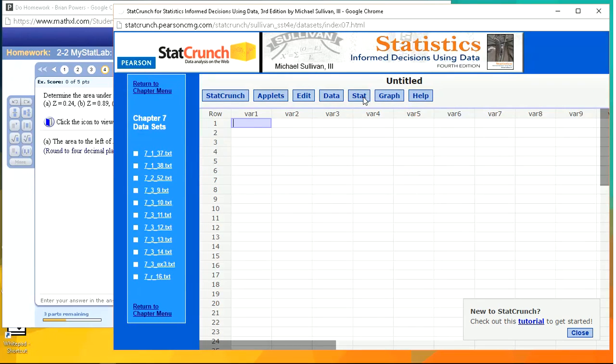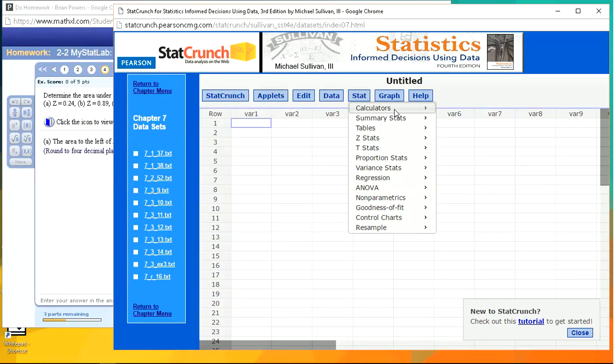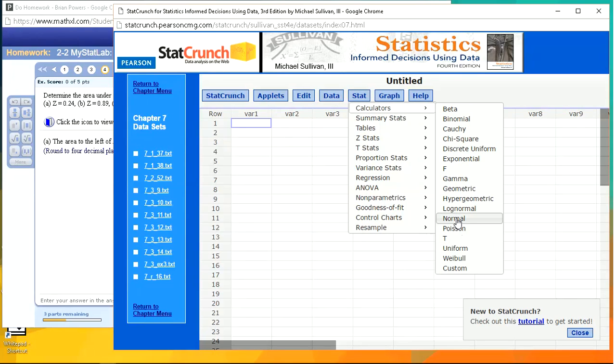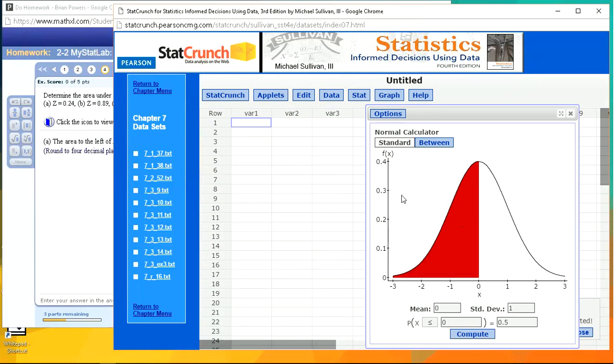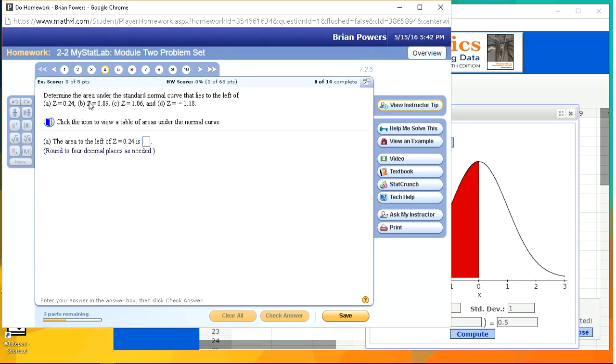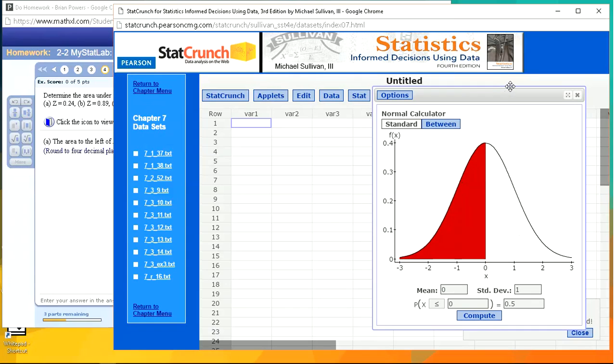So let's pull it up under the Stat menu. You'll see Calculators. Under here, there is the normal calculator. So whenever you're calculating a probability with Z, capital Z, that's referring to a standard normal distribution.